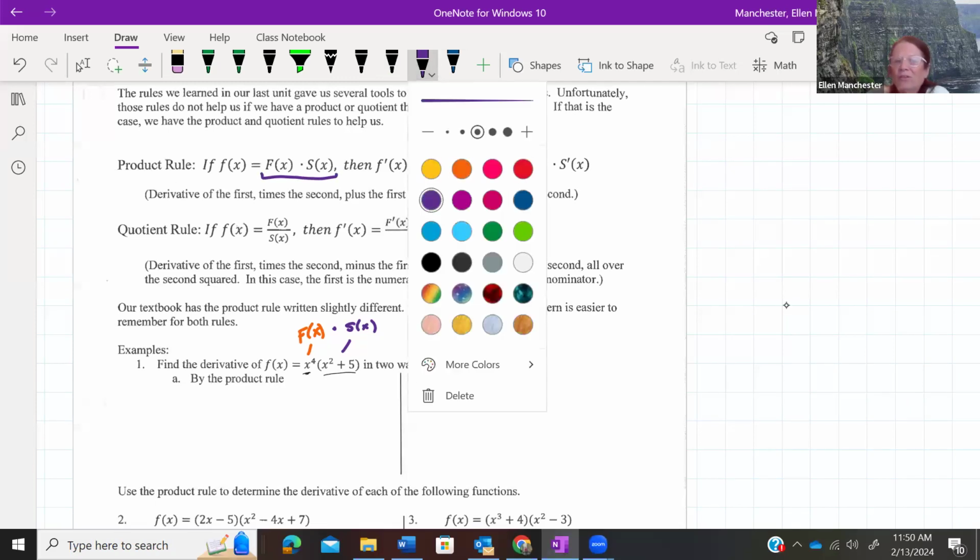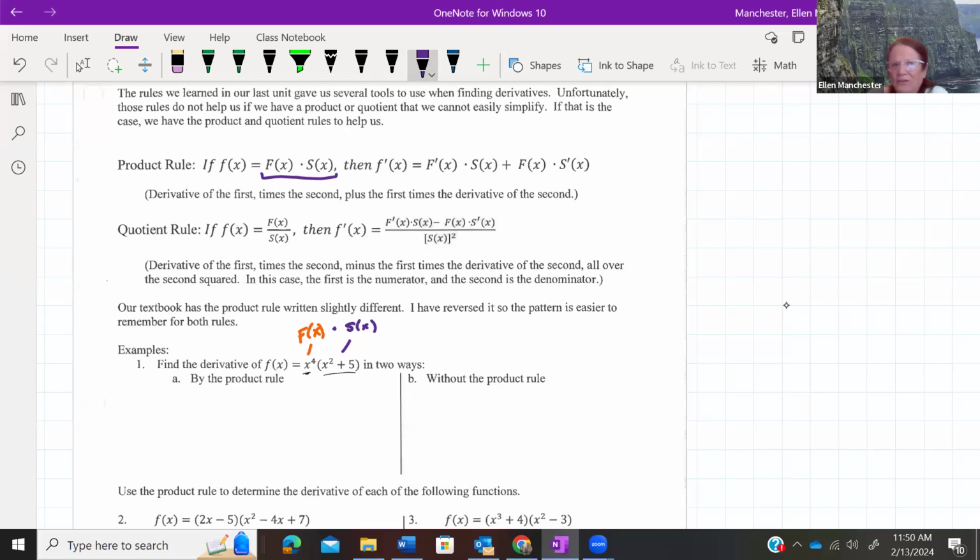Okay, so again, this is where you have to know how to read these. So if you have a function where you have the first times the second, then the derivative of that, so now you're reading this, the derivative of the first times the second function plus the first function times the derivative of the second function. All right, now it looks big and complicated and terrible.